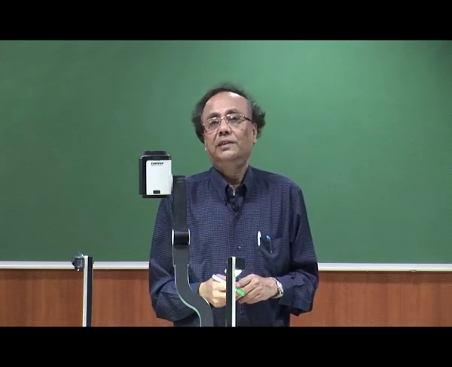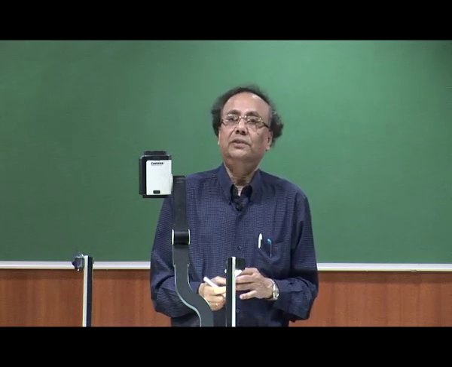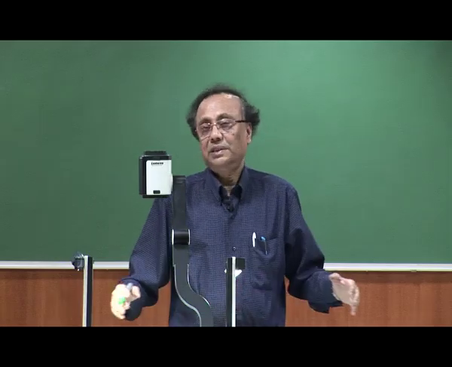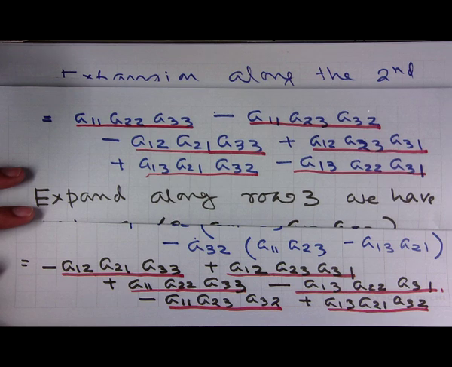If it is the ijth element, then its sign is going to be minus 1 to the power i plus j, and then when we expand it, we will get the determinant. I suggest that you verify the same by expanding along other rows or other columns.